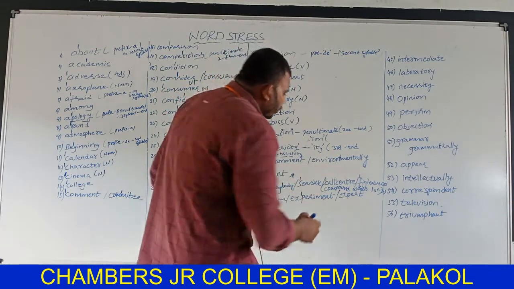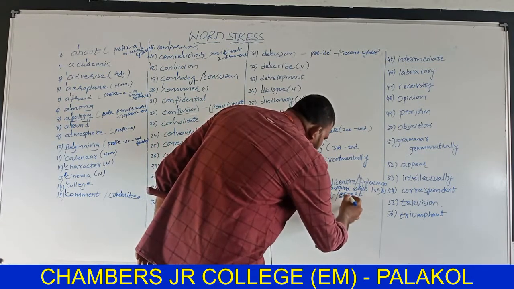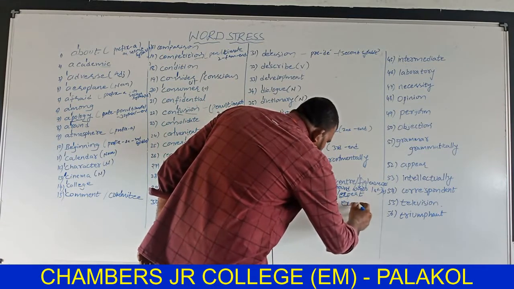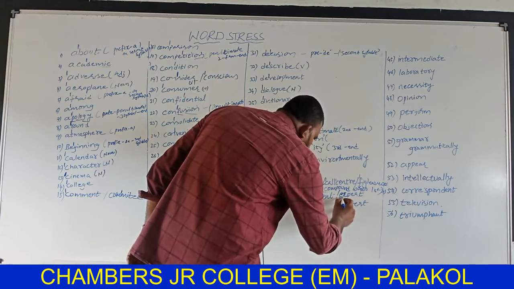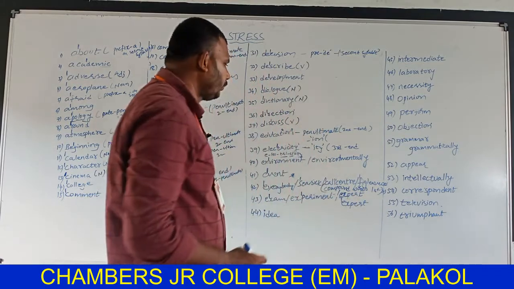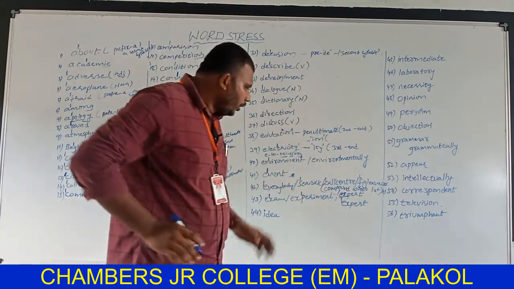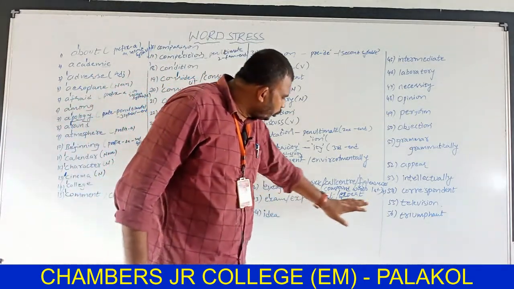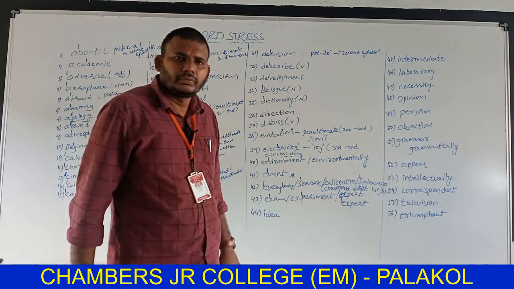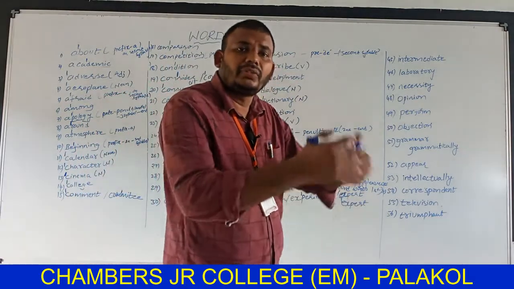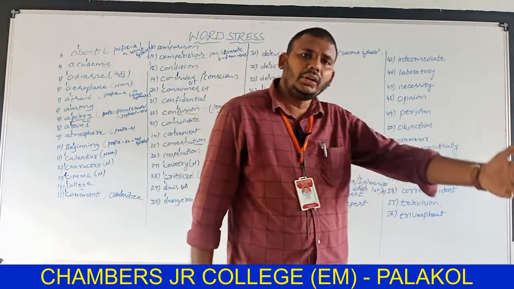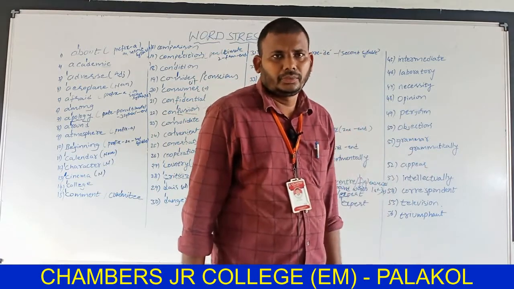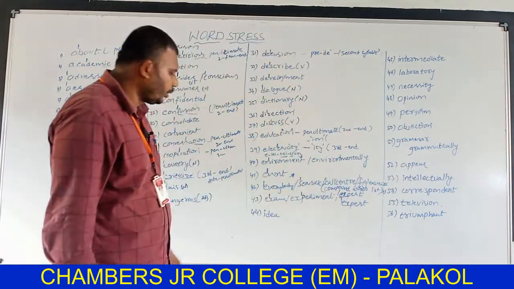But when we come to the third word, expert, I am writing it here clearly. The word expert takes stress on the first letter. Expert. What you should remember is that these three words begin with EX, but have stress on different letters. So you need to remember these kinds of words.